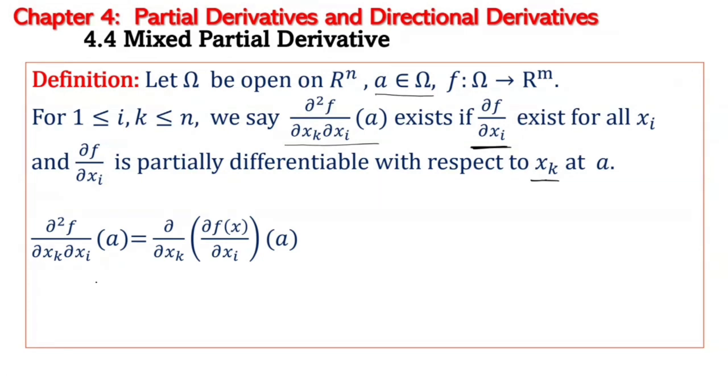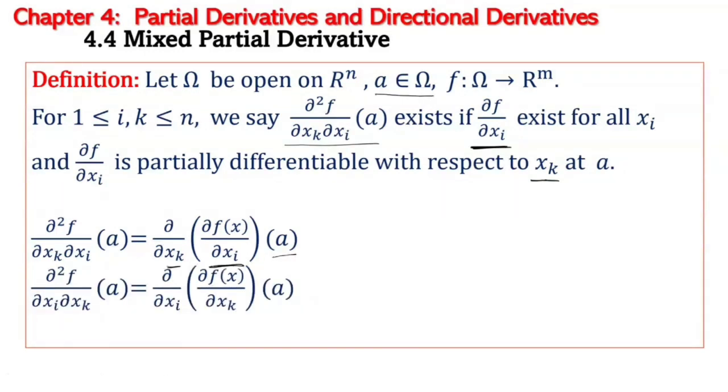This can be written as del^2 f / del x_k del x_i at a. First we calculate the partial derivative of f with respect to x_i, get a new function, then take the partial derivative of the new function with respect to the variable x_k, and then put in the value of the point a to calculate the value of the derivative. If the order is opposite, you take the derivative first with respect to x_k and then with respect to x_i.